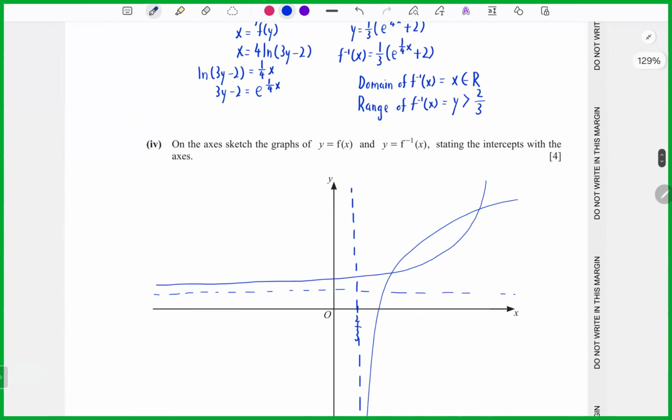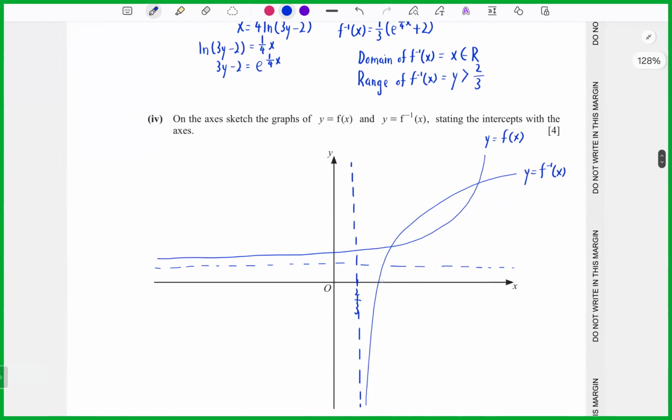But don't forget to label y equals f(x) and y equals the inverse f(x), because some students will forget to label it. And then here you also need to label 1, and here is positive 1. I hope you can get it.